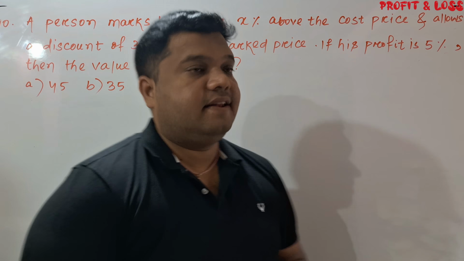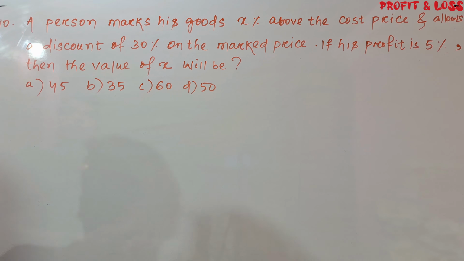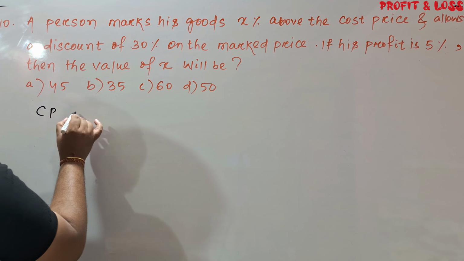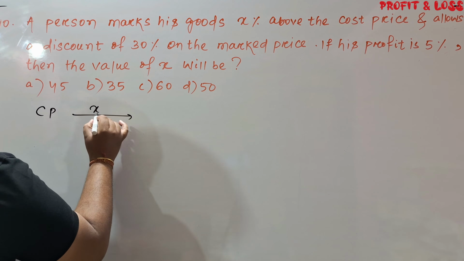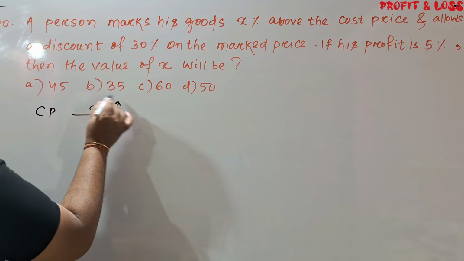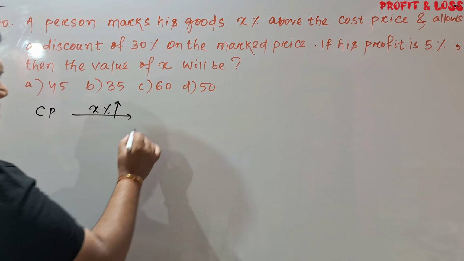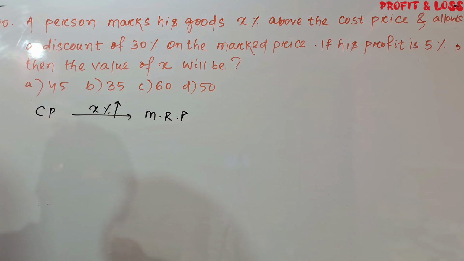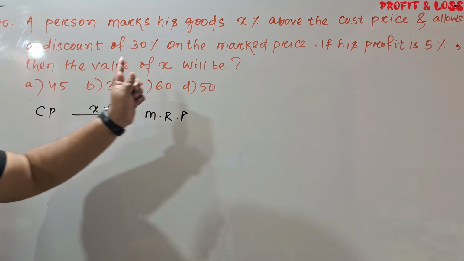Okay, question number 10. Here it is given a person marks his goods X% above the cost price. So the markup percentage is given. After that I will get the MRP. After that it is given he allows a discount of 30% on the MRP.